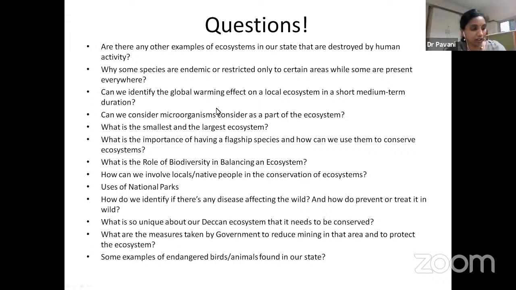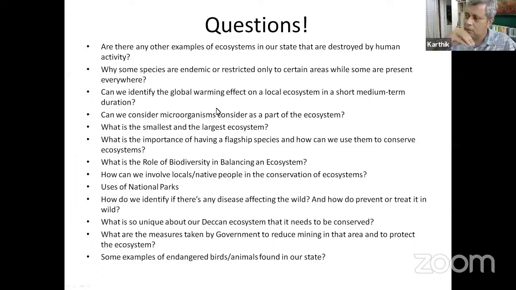Yeah, see, this happens usually when there are animals at the highest trophic level, right? So biomagnification happens along the trophic levels. What is a trophic level? There are producers, and then there are primary consumers. Then there are secondary consumers, tertiary consumers. So each layer is a trophic level.